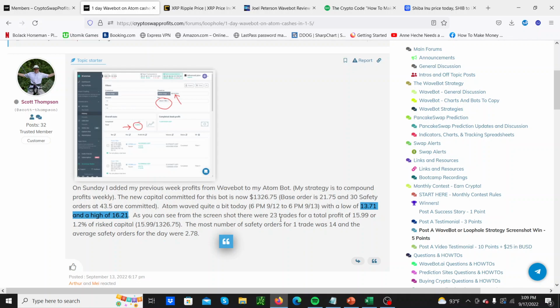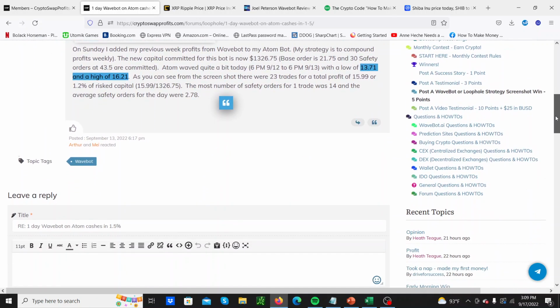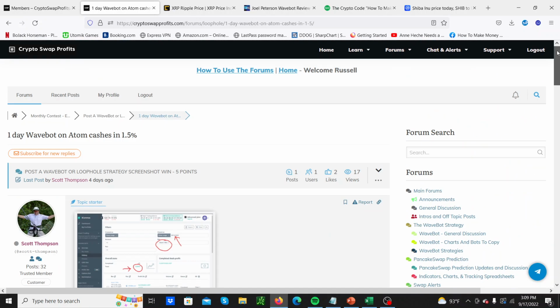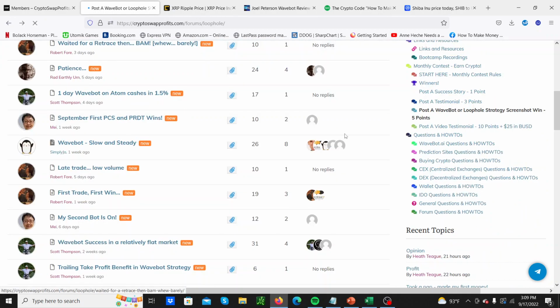As you can see from the screenshot, there are 23 trades for total profit, $15.99, 1.2% of the risk capital. Okay, so they made 1.2% in 23 trades. 23 trades is very fast, it can be a day or two. So it's pretty cool. Let's go back one, see what else.